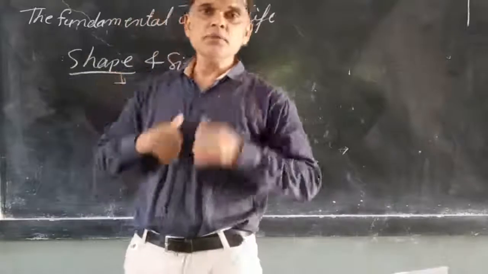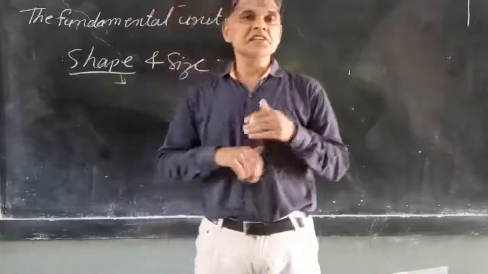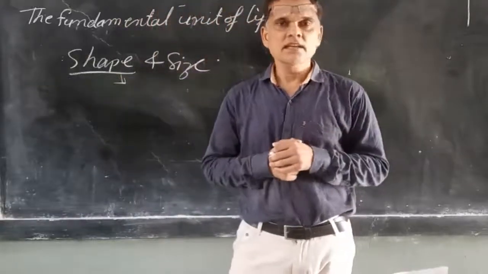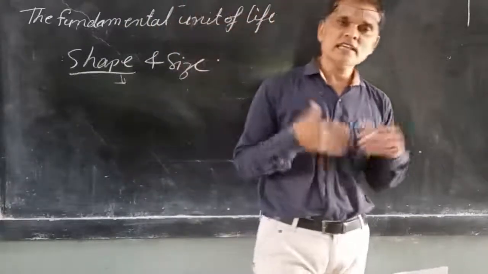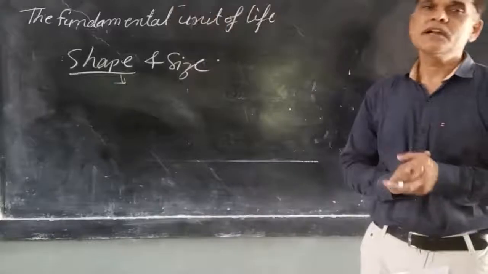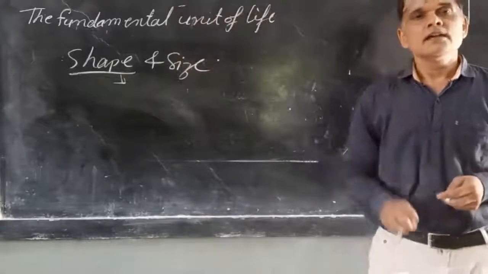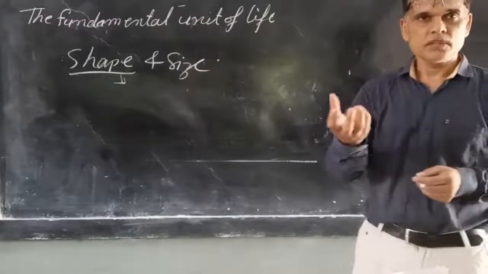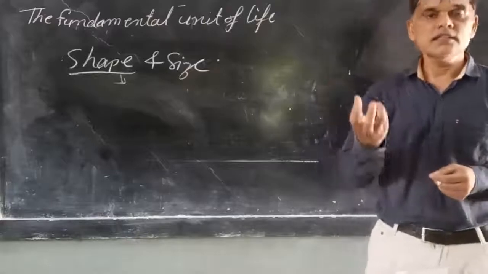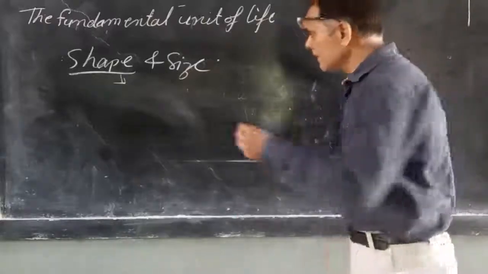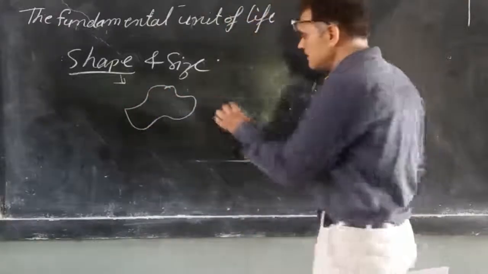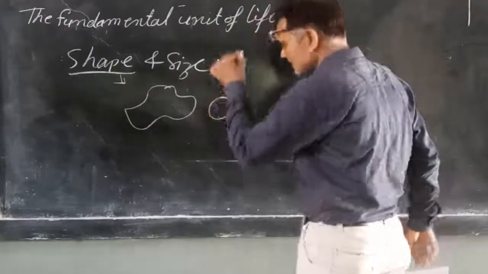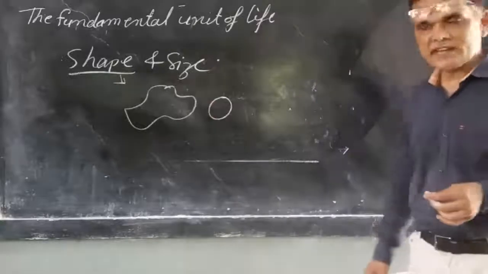If we see in human beings, the cells of skin are different in shape and size, cells of digestive organs are of different shape and size, and cells of any other organ are of different shape and size. Suppose we see in amoeba, that is of irregular shape, no fixed shape. Blood cells are circular or spherical in shape.